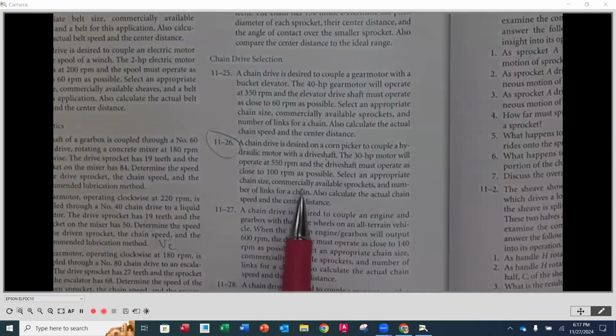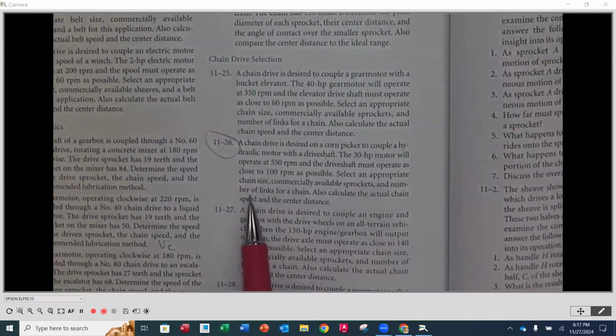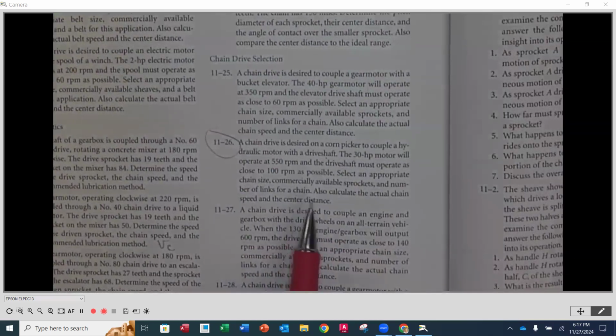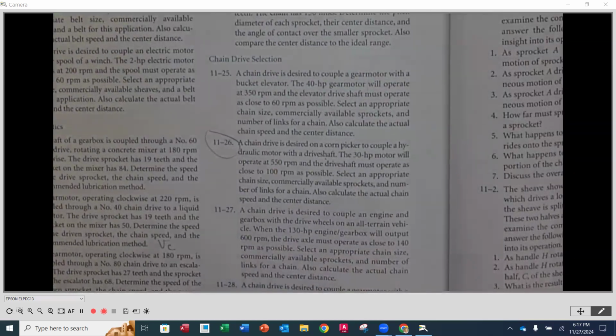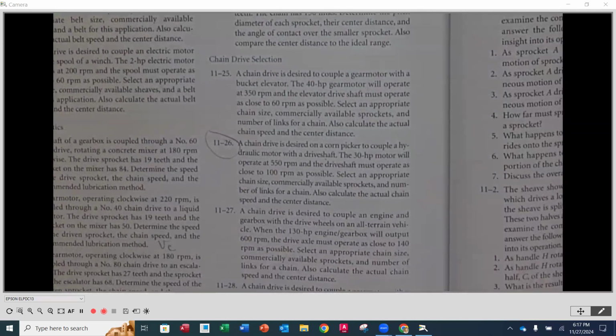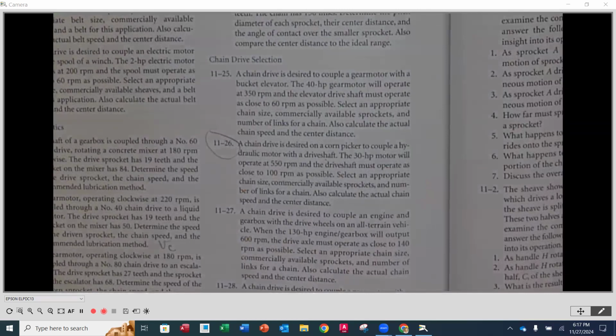Select appropriate size, commercially available sprockets, and the number of links for the chain. Also calculate the actual chain speed and the center distance. So this one is just like example problem 11.3. So you've got a good example there to go through this process.